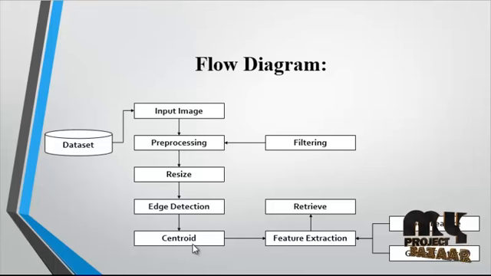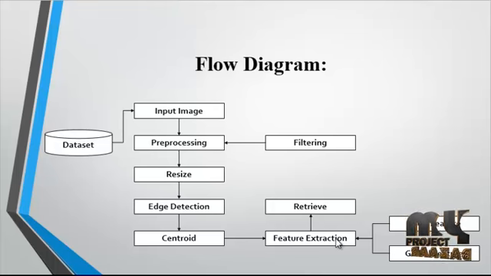The centroid value contains two values, the x-axis and the y-axis. The xy coordinates depend on the centroid. Then the feature is extracted from the image. The combination of two features, the local feature and the global feature, extracted from the image are both combined together for the feature extraction step.